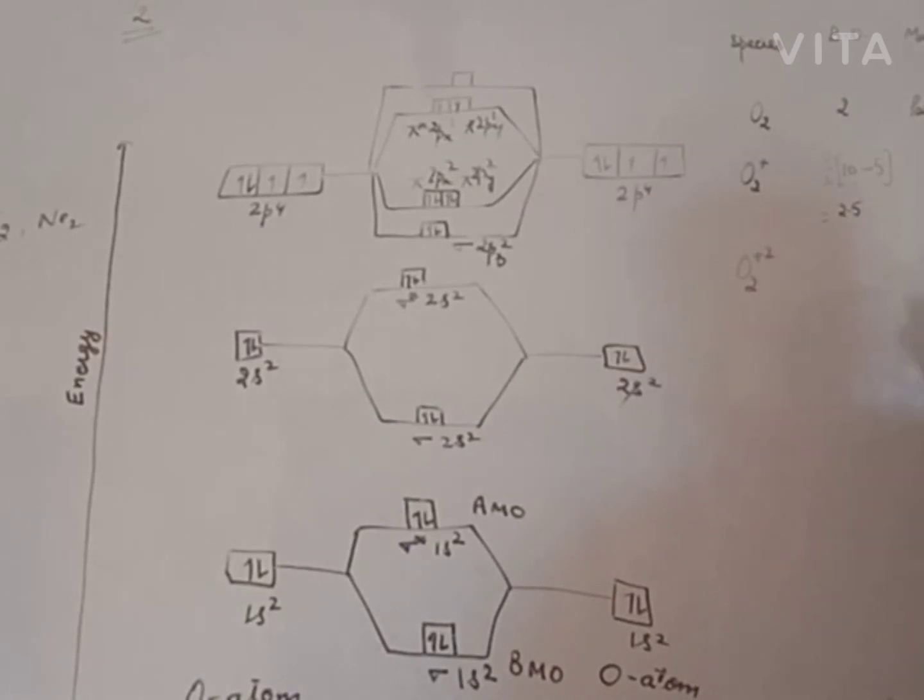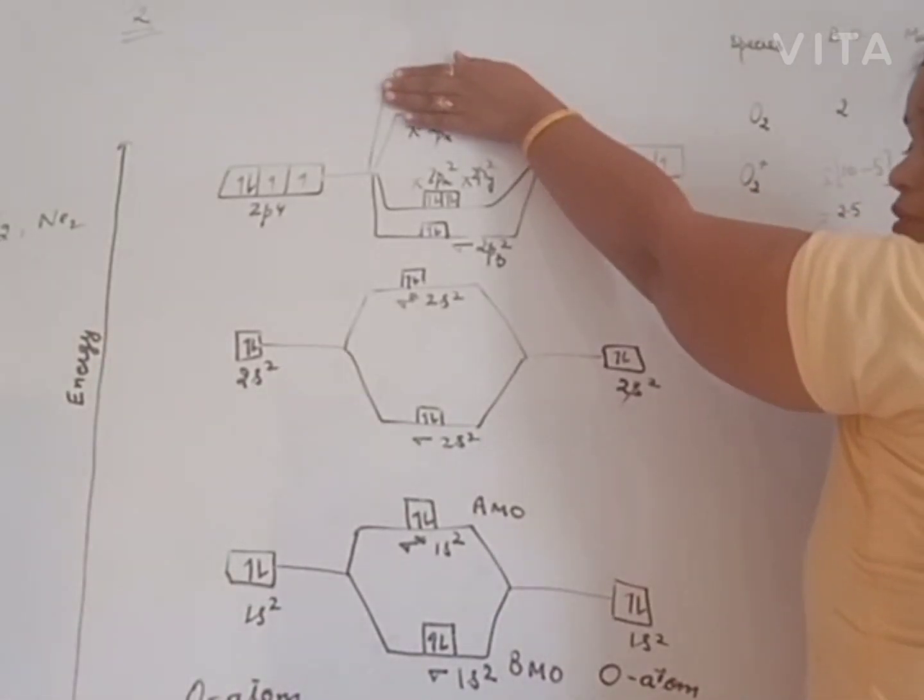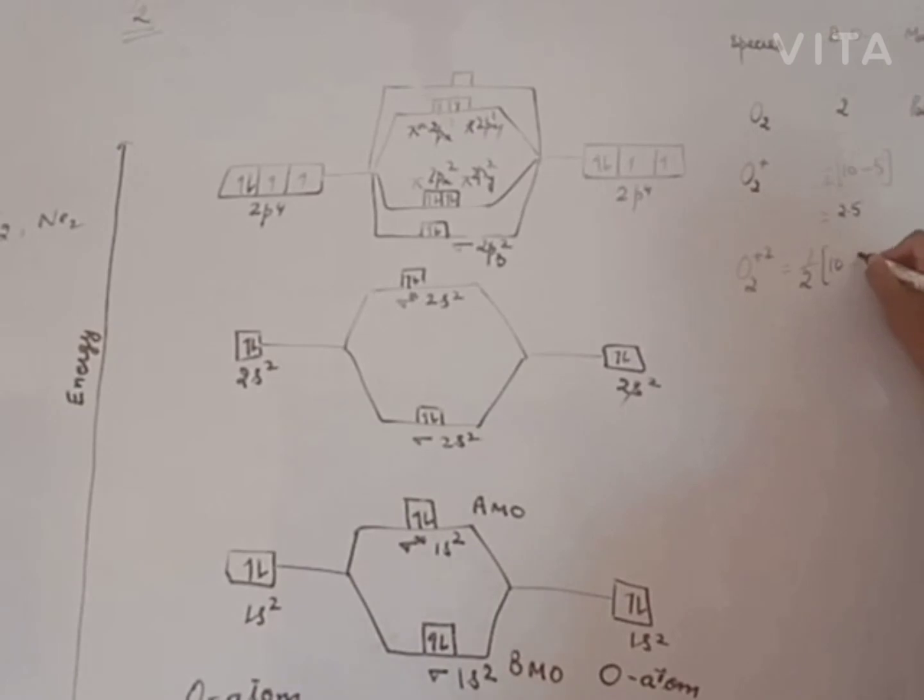For bond order, bonding electrons are 10, but anti-bonding are 6 minus 2 removed, only 4. The bond order is 3. That means it is the most stable.